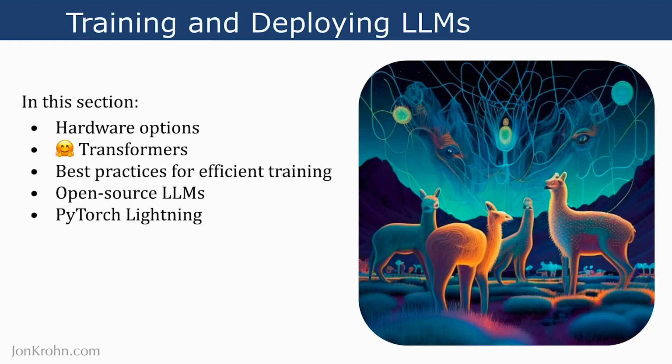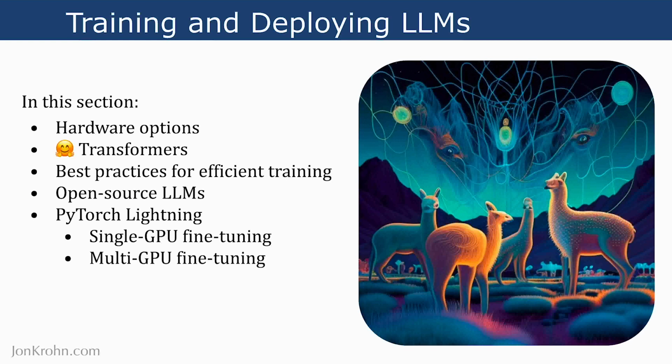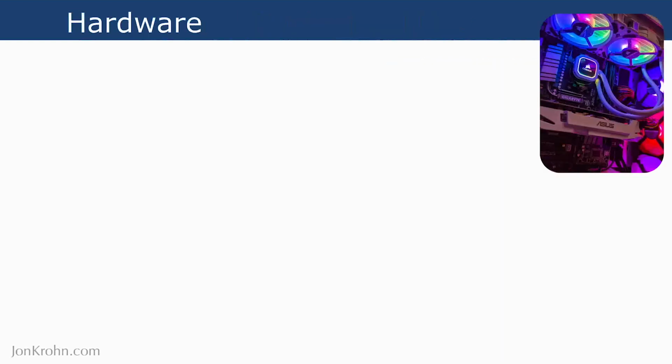We're going to talk about the PyTorch Lightning library that makes it fast and easy to deploy and train LLMs, including hands-on examples of single GPU fine-tuning to a specific task and multi-GPU fine-tuning. We will wrap up with deployment considerations.